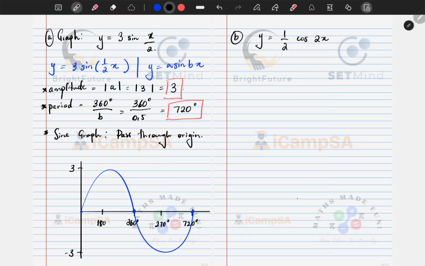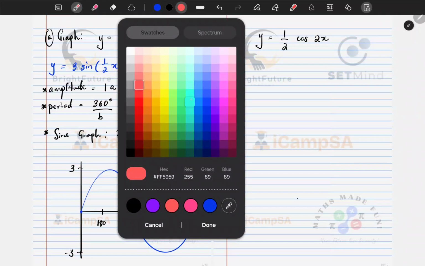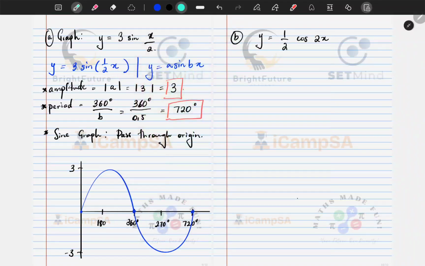So let's draw the original graph of sine x, so that we see what changes were made here, or how the period is affected, right?